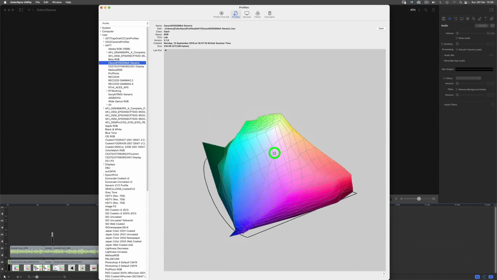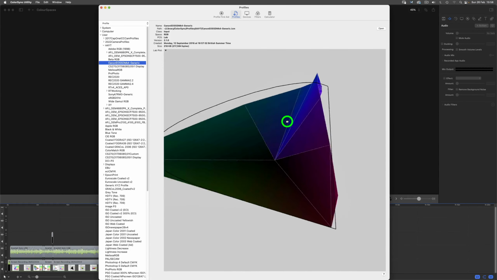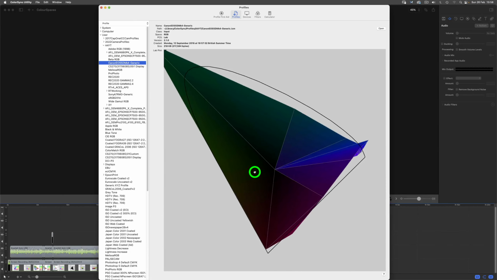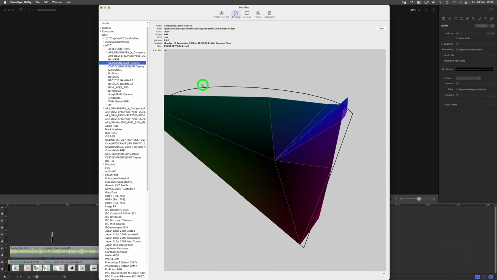Let's flip it round so we can get a good look. So we're capturing blues that are outside of the gamut of human vision, reds that are outside of the gamut of human vision, and as for the greens, well, you tell me, they're off the charts. I can't shrink this down enough in ColorSync Utility to actually get the end of this profile in view.